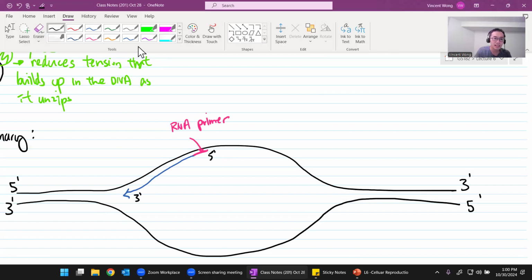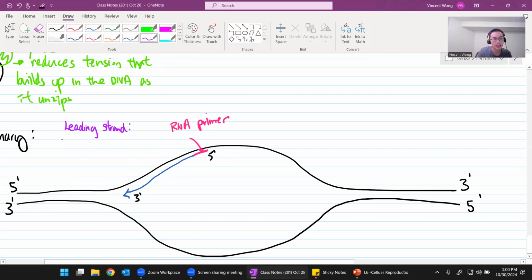All right. As the helicase unzips more of the DNA, the polymerase is just going to continue to go into it. This strand here has a name. It is called the leading strand.